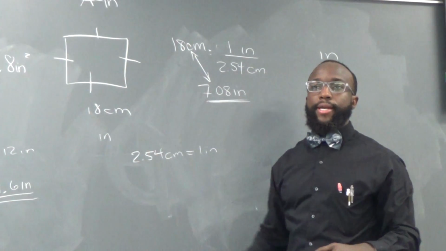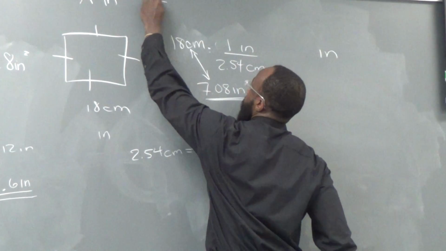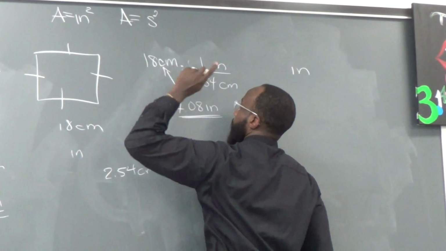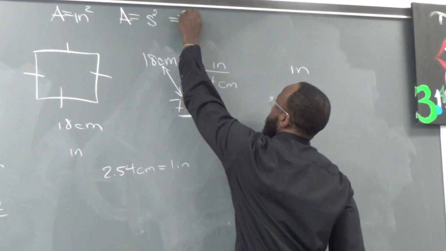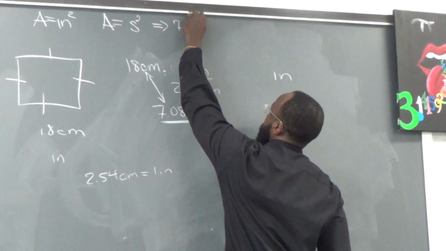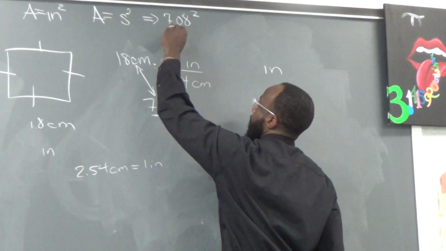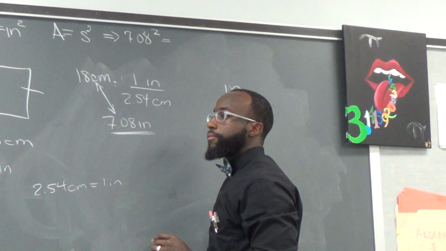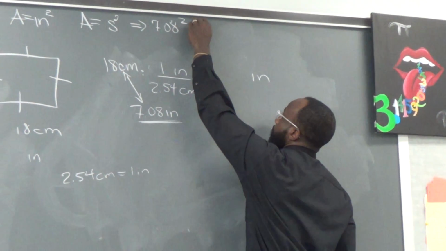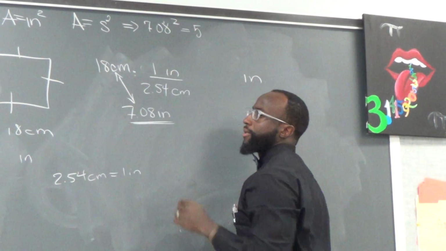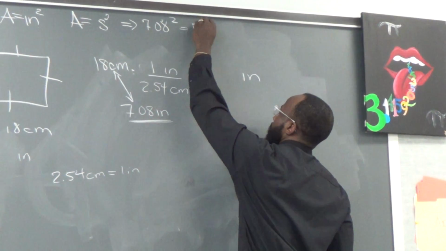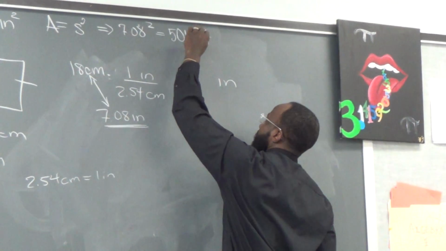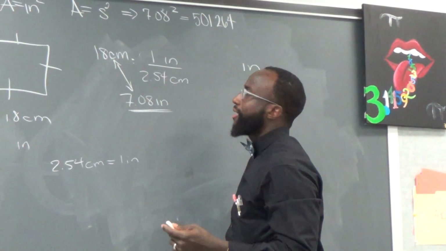Now, we have a square here. So to find the area of a square, all the sides are equal, so we just do side squared. Thus, our answer will be 7.08 to the second power. 7.08 to the second power is equal to what? 50.22.